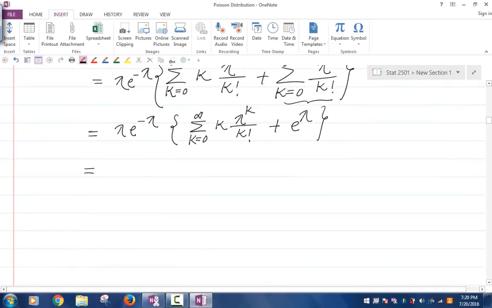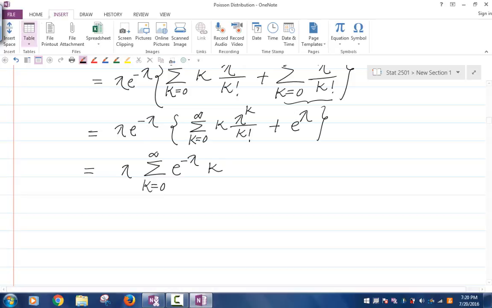I'm going to multiply out now as lambda times the summation k going from 0 to infinity, and I'm going to put the e to the minus lambda inside the sum.